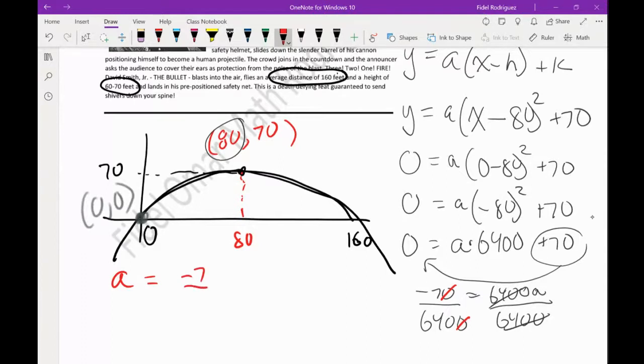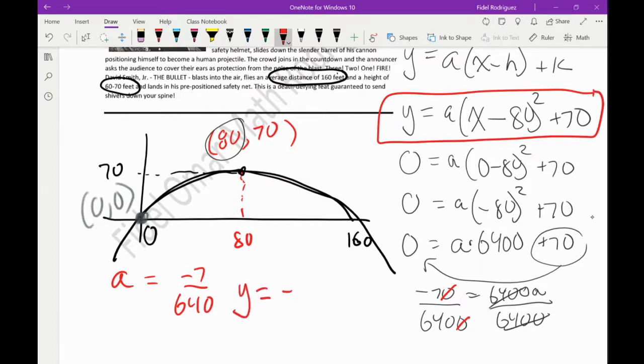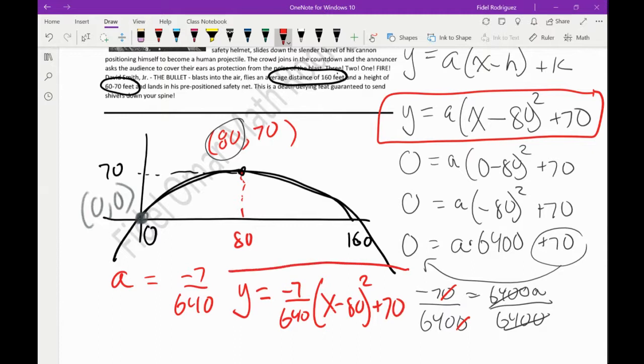So my A is a negative 7 over 640. Okay? So now, when I come back to look at this equation right here, I can say, look, y equals negative 7 over 640 times x minus 80 squared plus 70. And there's the equation that describes his path, right?